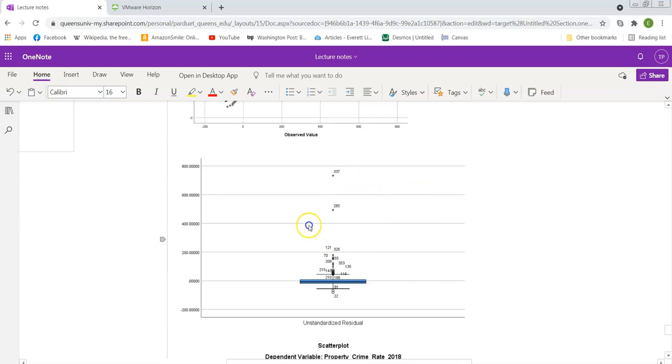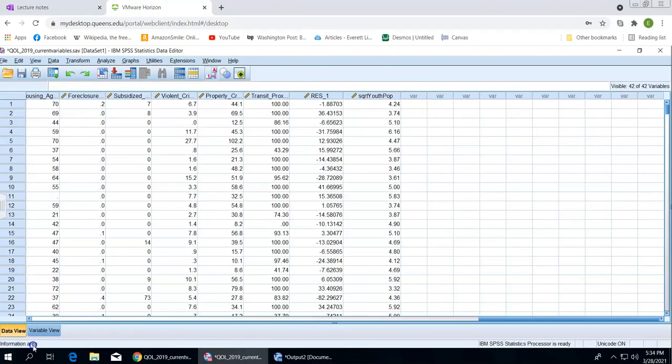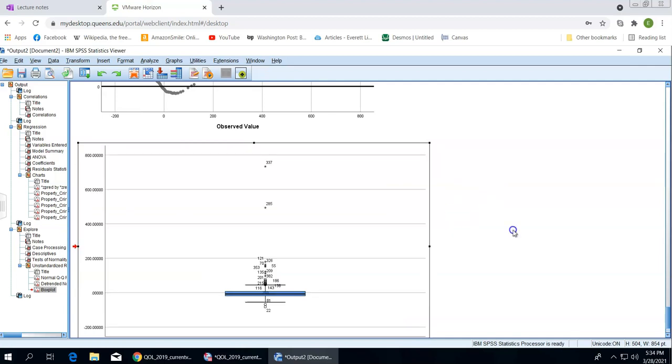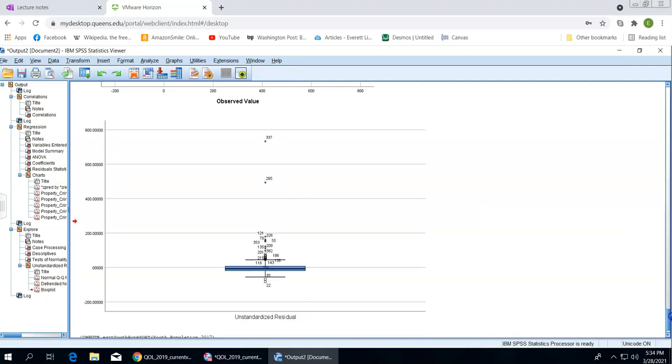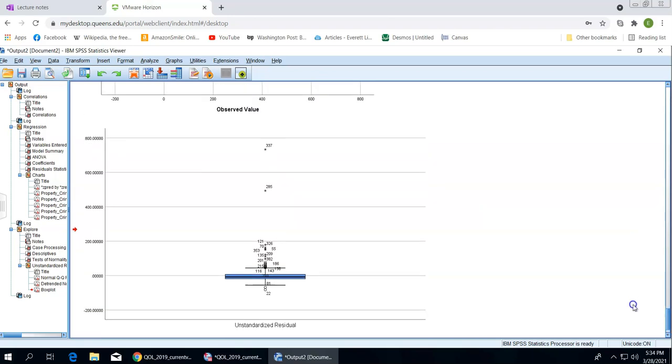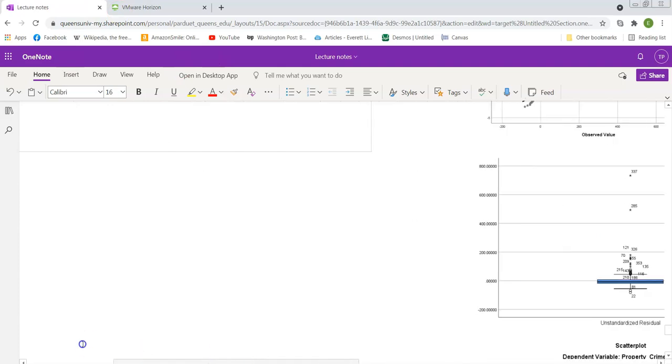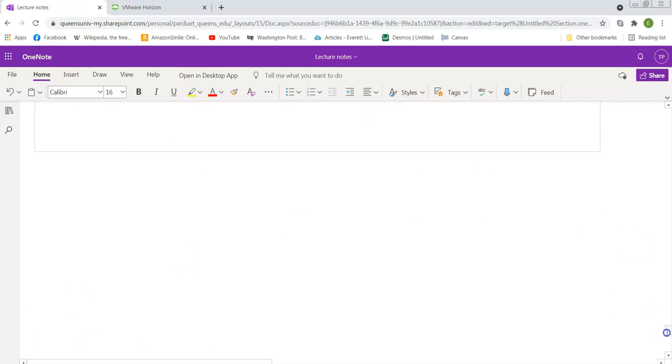So here's our box plot, and maybe it's bigger over here. I can make it bigger. So I think we can see here that we do have a lot of outliers on this box plot. So we have definitely violated that assumption.